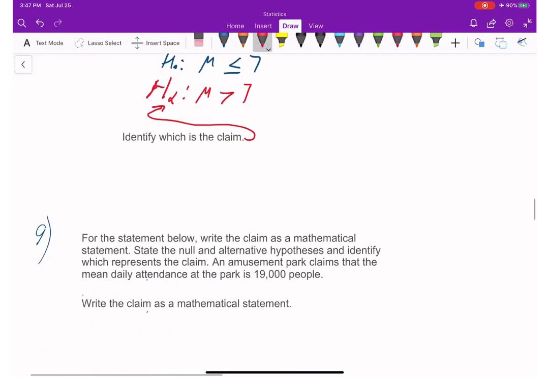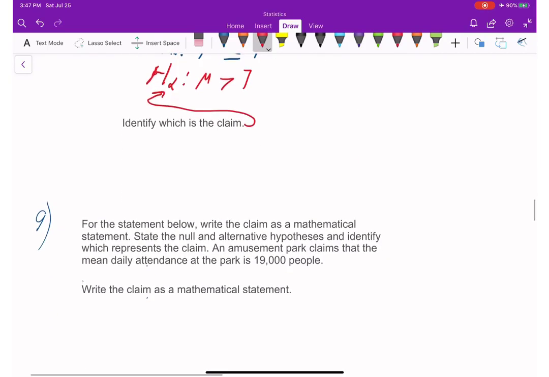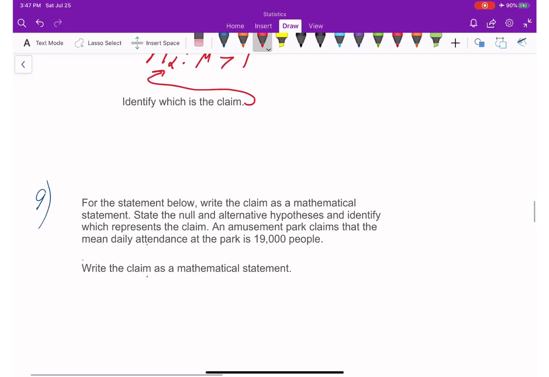Next one. For the statement, write the claim as a mathematical statement. State a null and alternative hypothesis and identify which represents the claim. Okay, so the mean daily attendance of park is 19,000. That means the claim is going to be mu is equal 19,000.